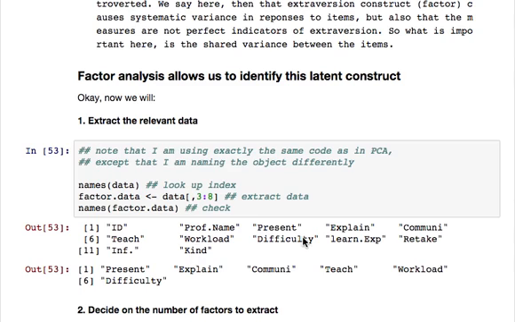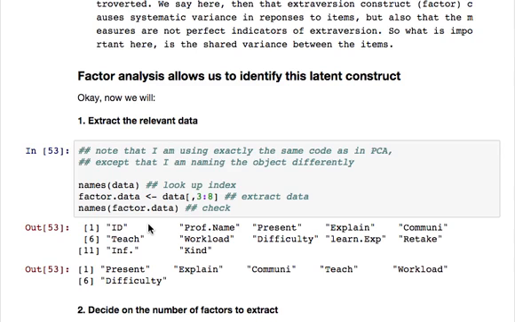So we're going to be focusing primarily on the 6 variables from present to difficulty. Present is indexed at 3 and difficulty is indexed at 8. So I'm extracting the columns from 3 to 8 from our original data and placing this new data table into the object factor data.